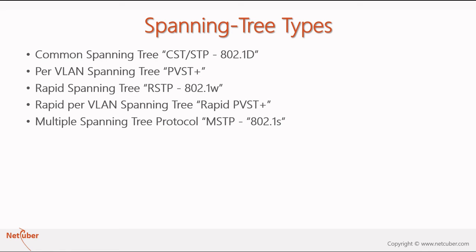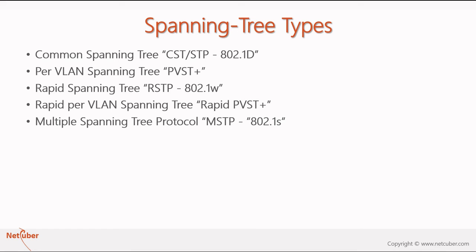Then comes multiple spanning tree protocol, which is commonly seen in networks. Let's say we have various topologies, so it consumes a lot of resources to manage spanning tree for different VLANs. What multiple spanning tree does is group the instances. Instance 1 has a couple of VLANs and one topology.